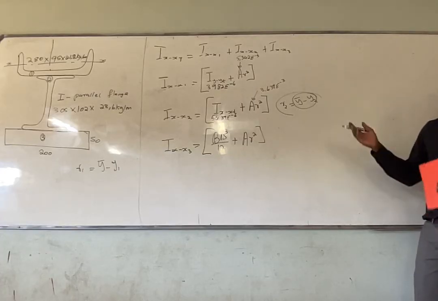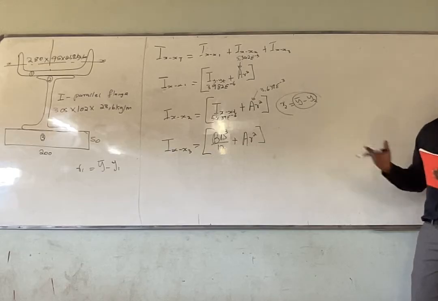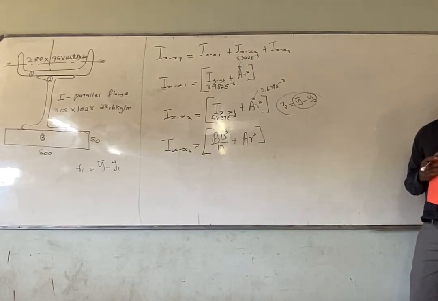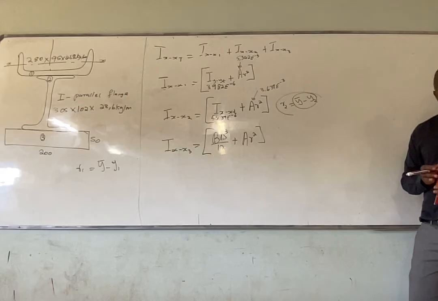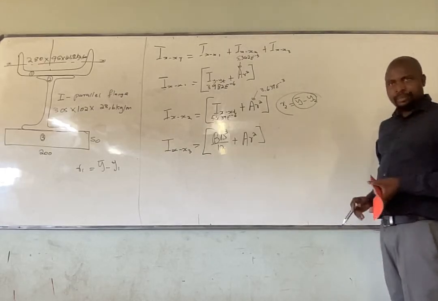So basically, this is how you calculate moment of inertia. You'll be required to calculate Ixx and Iyy. But for a simply supported beam, it always bends about XX. It's a beam. It will always bend about XX.